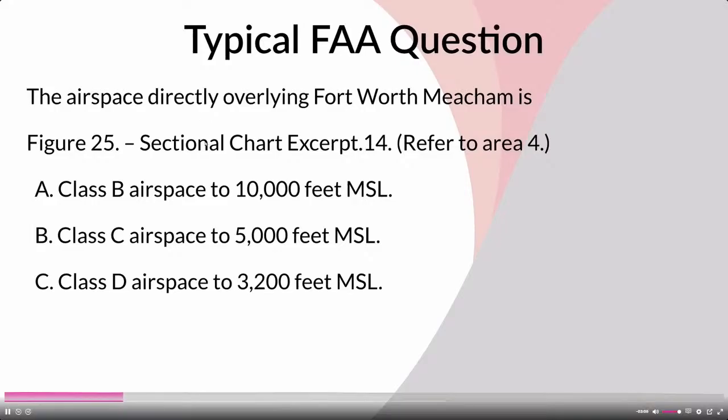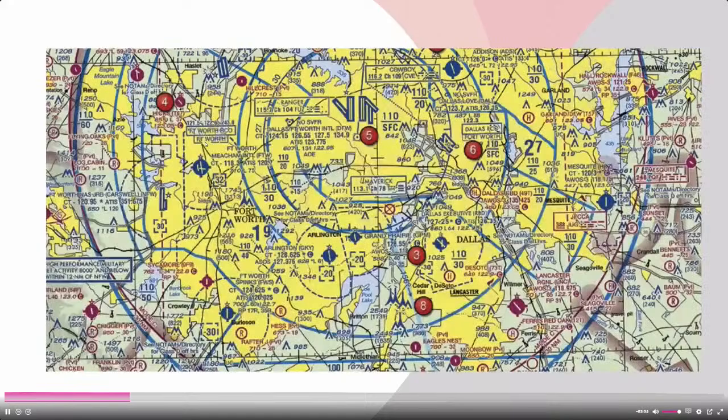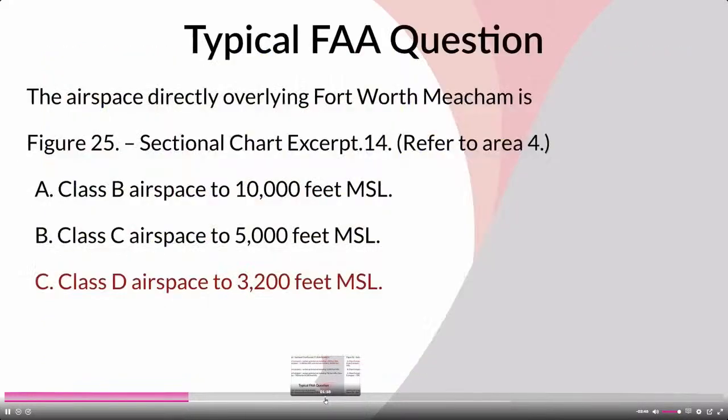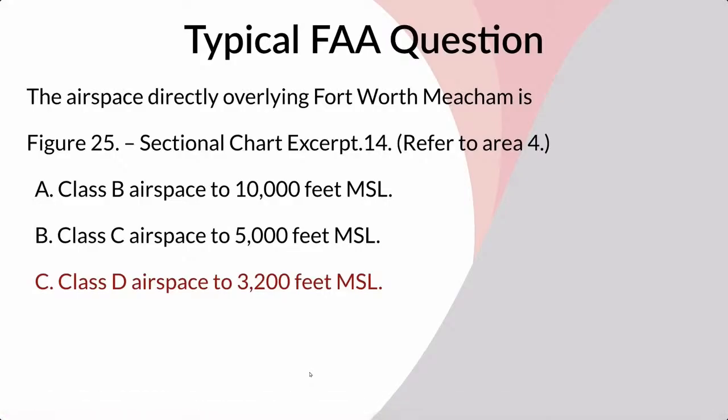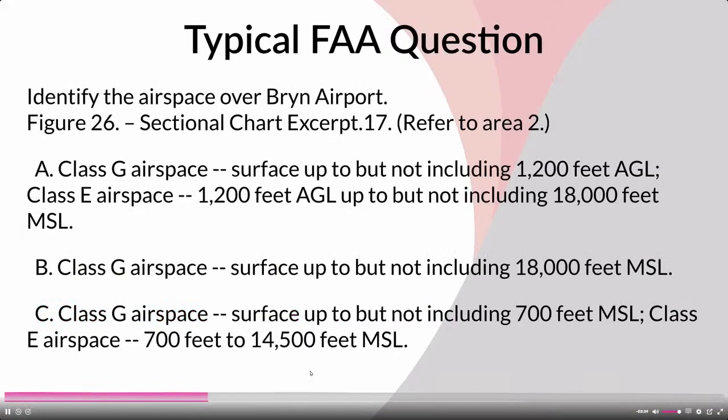Directly overlying, directly on top of the airport. Let's take a look at this. Here's the airport. But by the way, you have to find the airport, which sometimes is half the battle right here. And you notice that it says it's in the Class D because we see the dash line. And in this case, it's going to be Class D airspace all the way to 3,200 feet. So here, Class D airspace to 3,200 feet MSL, always.